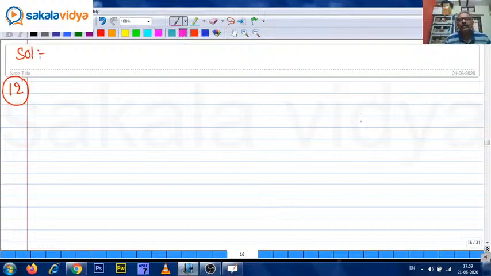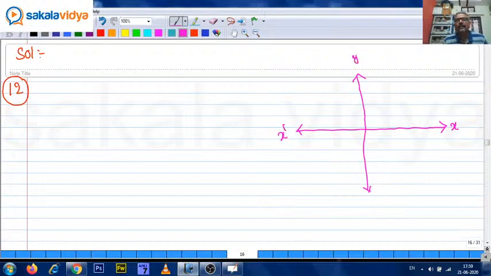Okay. So now let us draw the figure first. X-axis x dash, y and y dash. Take this as 0. Next pi by 4 and next pi by 2.